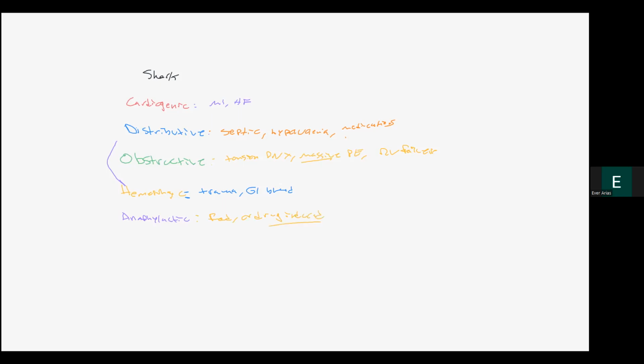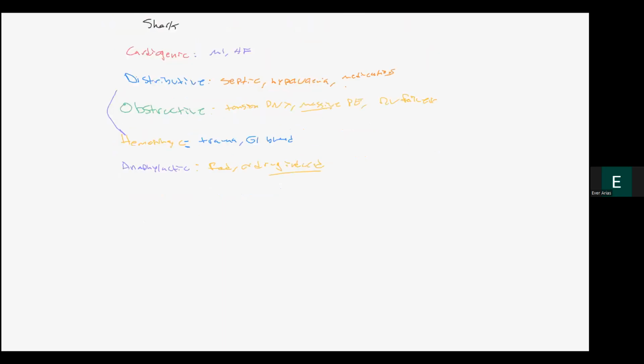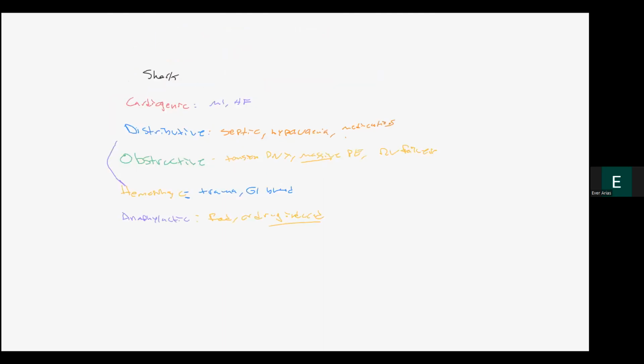Okay. So let's talk about kind of pressors now. Well, actually, let's talk about what each of them really means, because that's going to help you understand what pressors are. So cardiogenic is a low cardiac output state. You have high systemic vascular resistance.